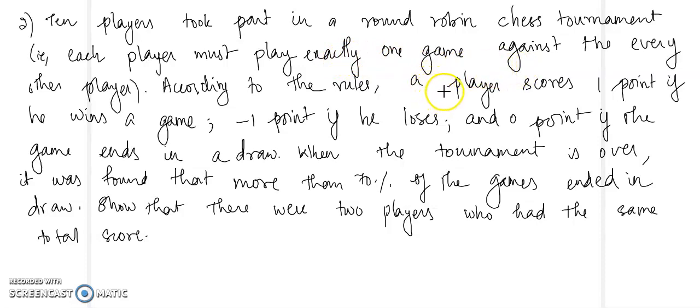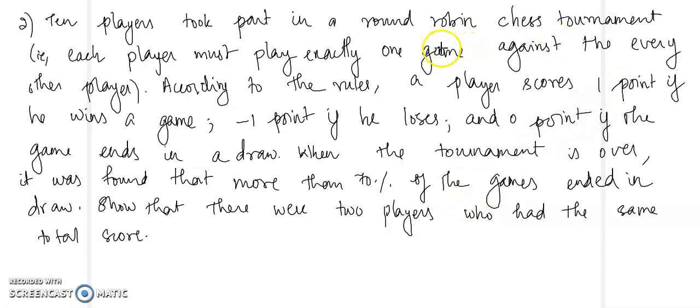According to the rules, a player scores 1 point if he wins a game, -1 if he loses, and 0 points if the game ends in a draw. When the tournament is over, it was found that more than 70% of the games ended in a draw. Now we need to show that there were 2 players who had the same total score.